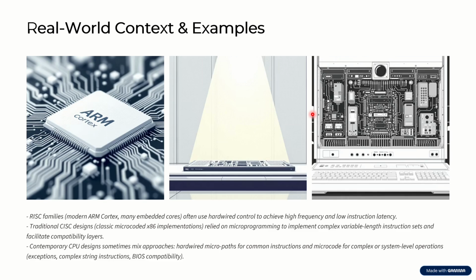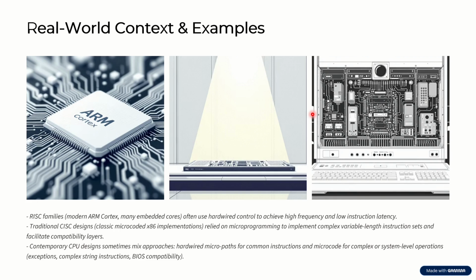Real world contexts and examples. RISC family, modern ARM context: many embedded cores often use hardwired control to achieve high frequency and low latency. Traditional CISC design: x86 implementations relied on microprogramming to implement complex variable length instruction sets and facilitate compatibility layers.